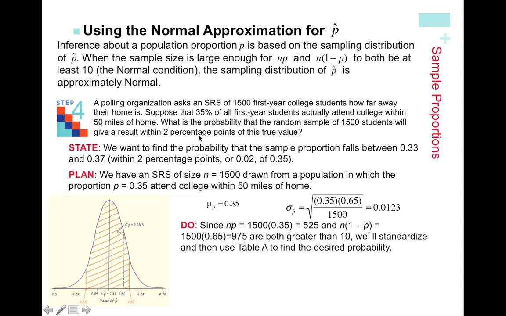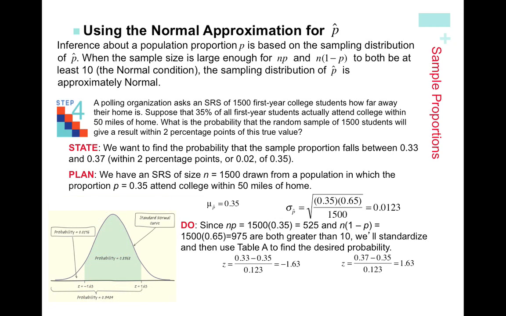So within 2 percentage points means I'm going to be a little bit below it, so 0.33, and 0.02 above it, so 0.37. We found the mean, so the mean is just equal to p, which is 0.35. The standard deviation is p times 1 minus p over the sample size, all under the square root. That's my standard deviation. The condition for normality has been met because both are greater than 10.